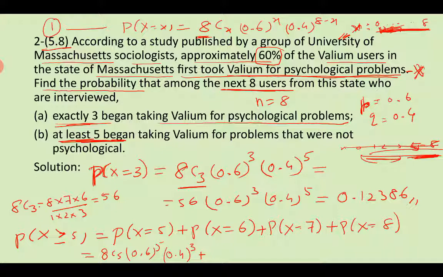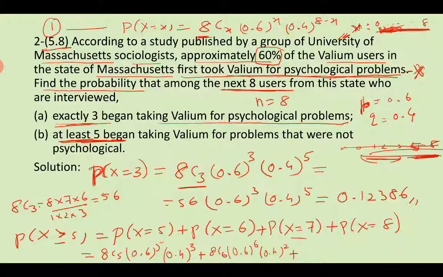For x equal to 6: 8C6, 0.6 to the power 6 and 0.4 to the power 8 minus 6, which is 2.